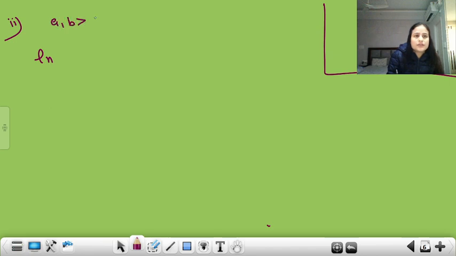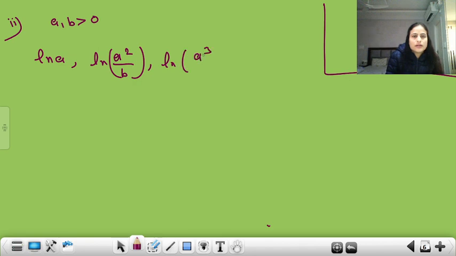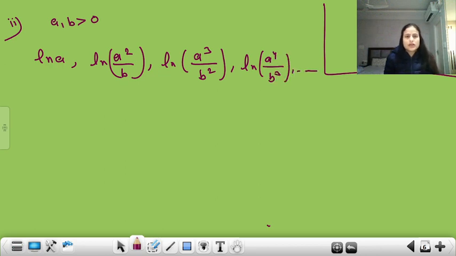I am taking this sequence: ln a, ln of a square by b, ln of a cube by b square, ln of a raised to 4 by b cube, and keep going like that. I need to show whether this sequence defines an arithmetic progression or not.